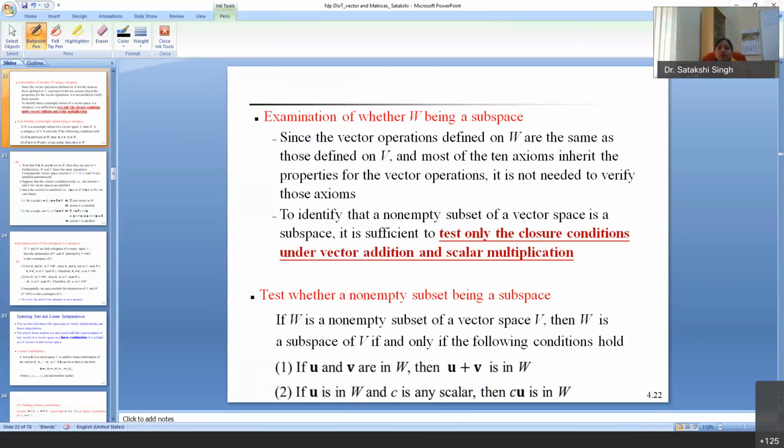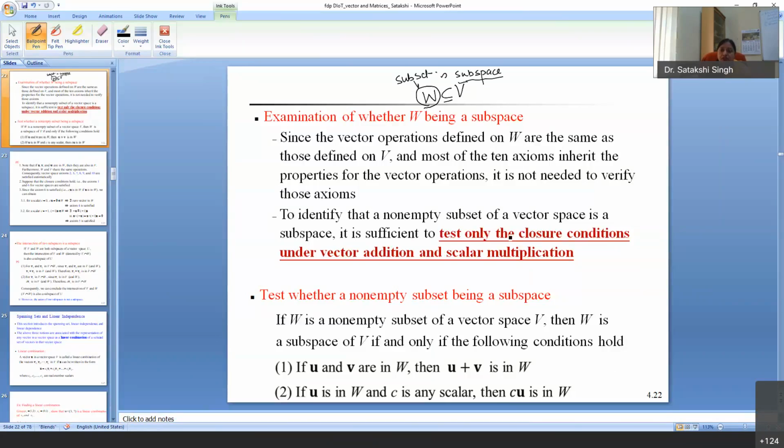Let us now see how we will examine whether a given subset of a vector space V is a subspace. Say we have the vector space V, and there is a subset of this vector space, which is W. If you want to check whether this subset is a subspace or not, we don't need to check so many properties of a vector space.